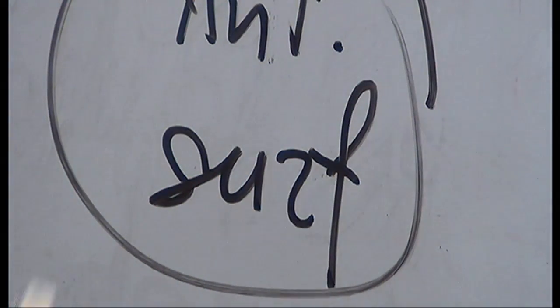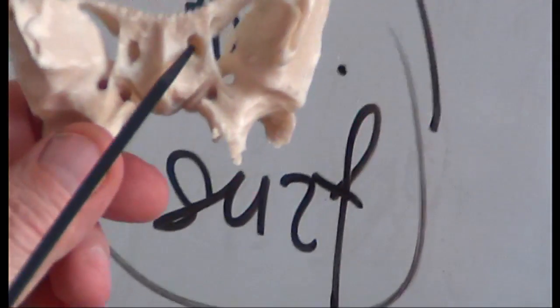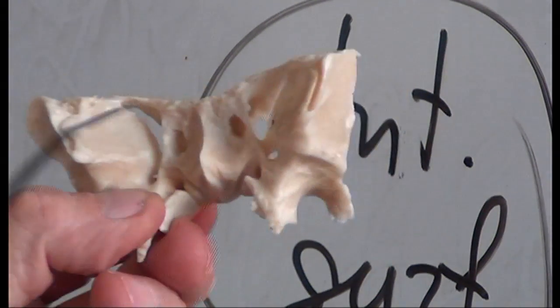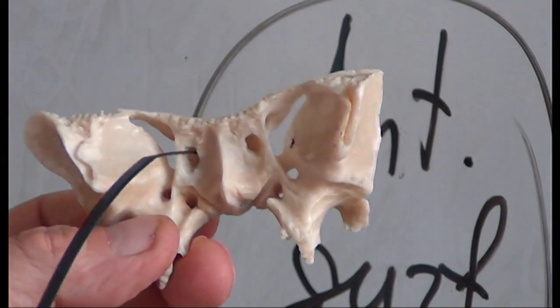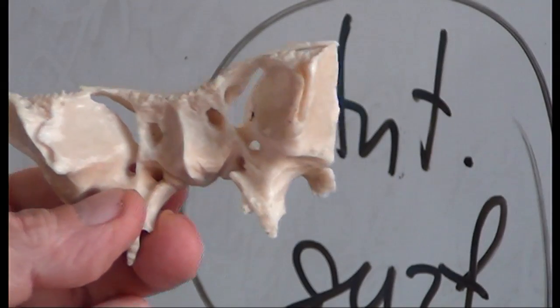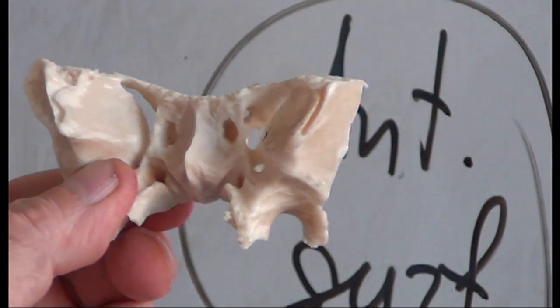Then we can find here foramina which lead to the internal cavity inside of the corpus ossis sphenoidalis.